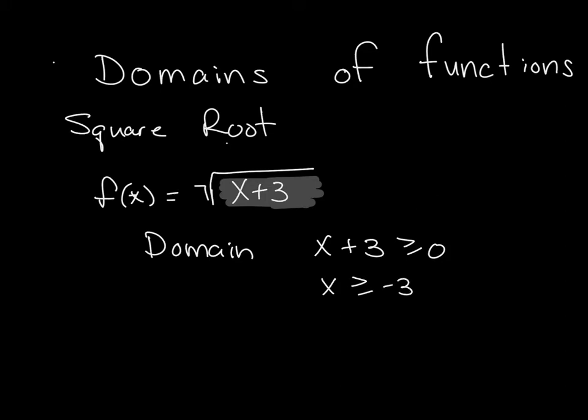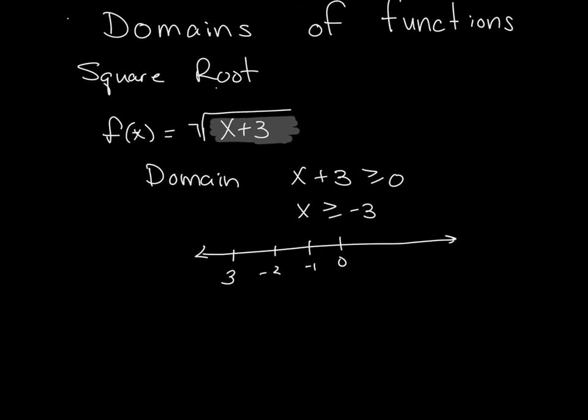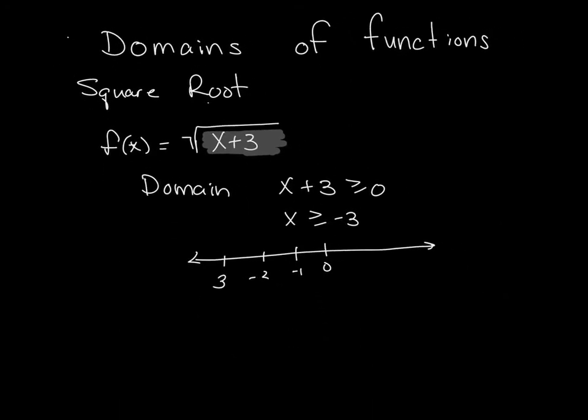And then to go ahead and write this in interval notation, if you're having problems with interval notation, I think the best way to think about this is still the number line, because interval notation is just a numerical representation of the number line.